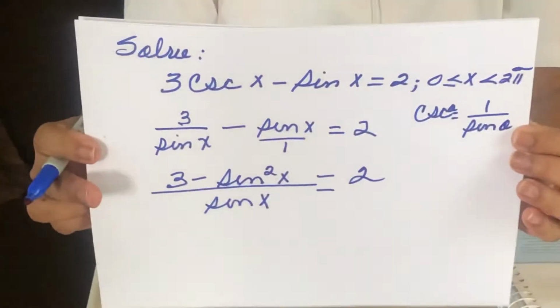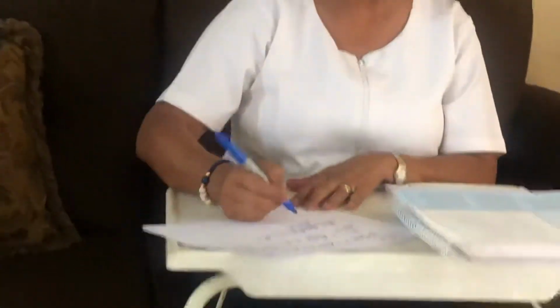Well, once we do the replacement, we just try to simplify. We find a common denominator, and we work as a normal fraction, as I have it right here. Okay, once we do this, we just move the sine x in the denominator to the other side.